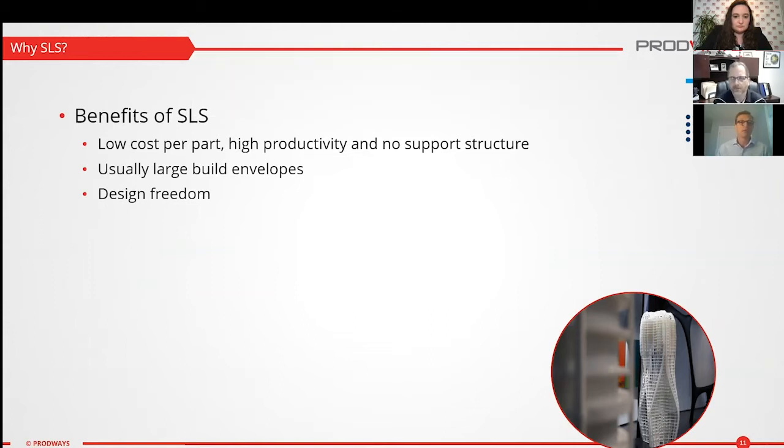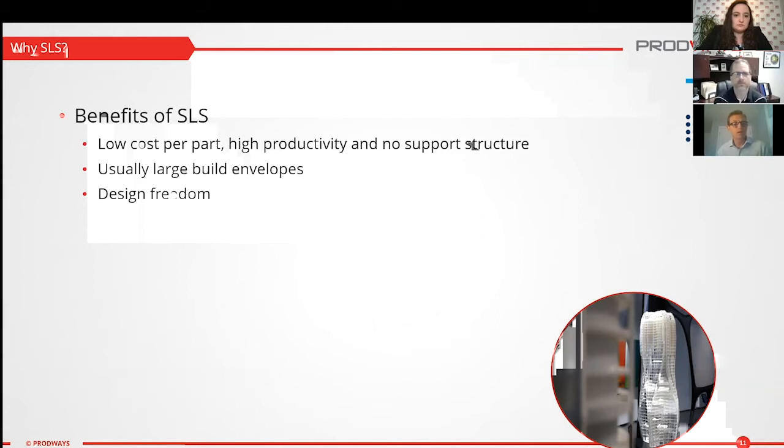If you have a very simple part, of course, there are some other manufacturing techniques that can do a better job. But compared to other 3D printing technology, the powder is one of the cheapest source of material. And even in the recent years, we've seen even more powder coming to the market with attractive prices, volume prices, and so it's really allowing you to get a really good cost per part.